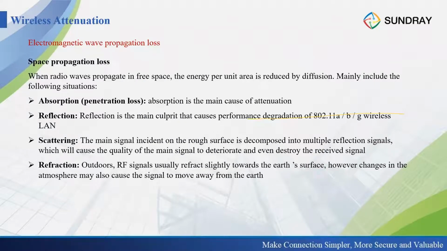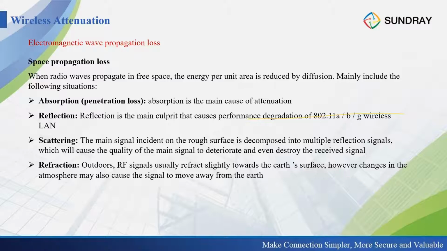So when the wireless signal is transmitted through the air, it has propagation loss. For this space propagation loss, we can have different categories. First is absorption, which is when you penetrate the wall and the energy is absorbed by the walls.